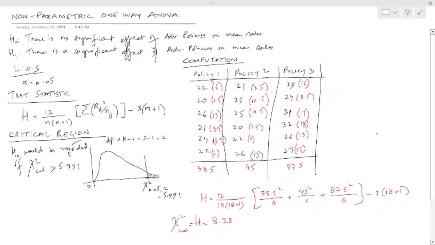So 38.5 compared with 87.5 is reflecting a significant difference. Similarly, 45 versus 87.5 is also reflecting a significant difference. But as far as 38.5 compared with 45 is concerned, we cannot consider this difference as statistically significant.